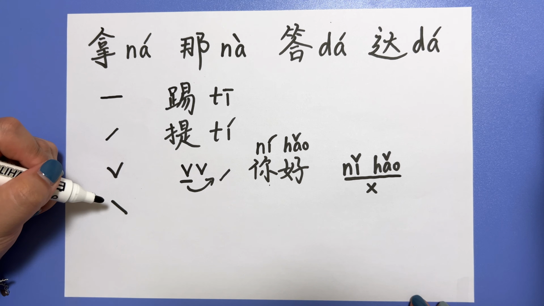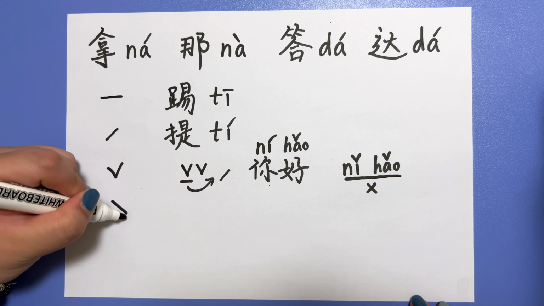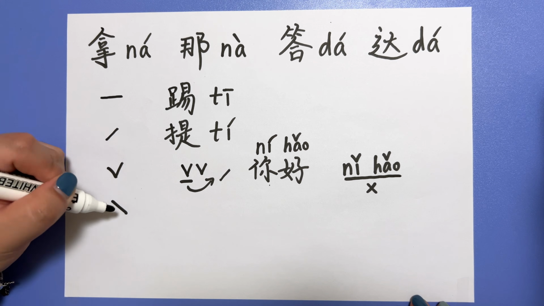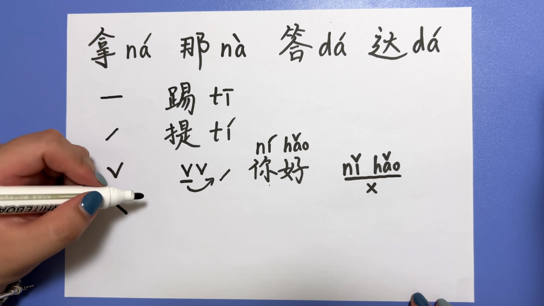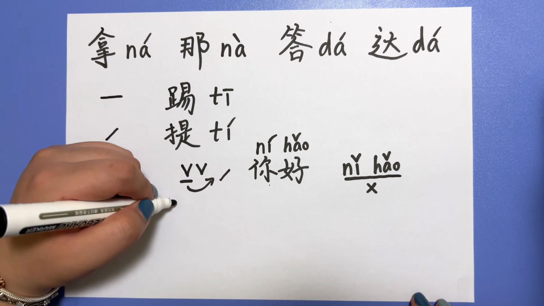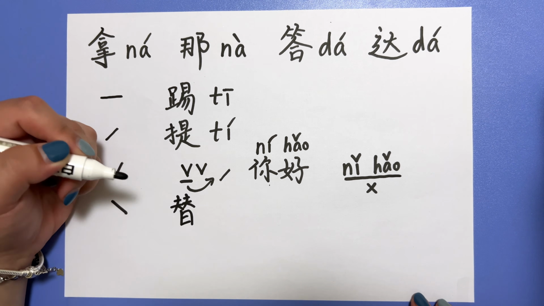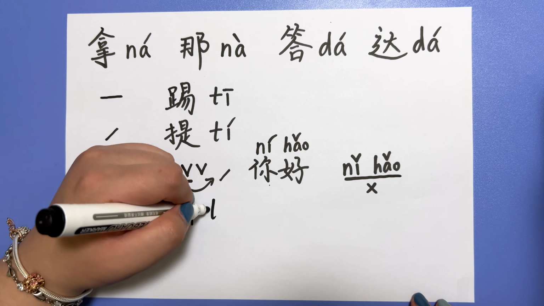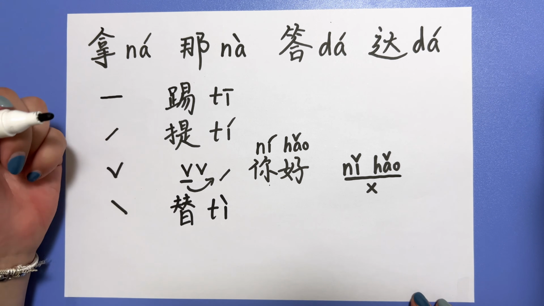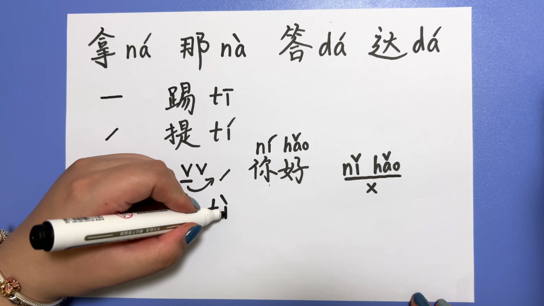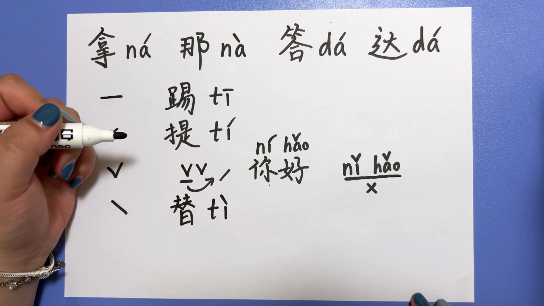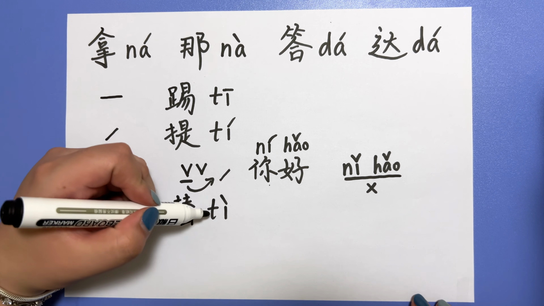So, you can remember it as a high-low tone. For example, ti.